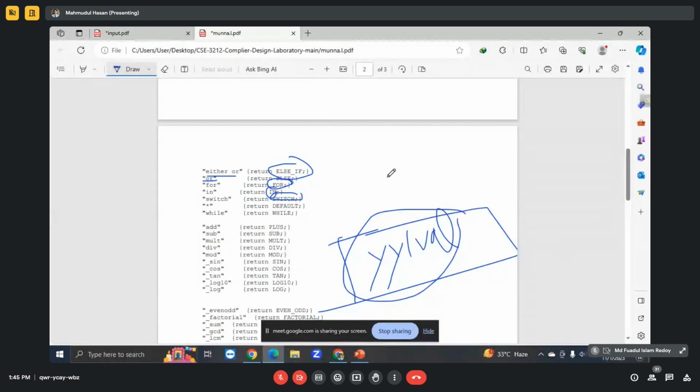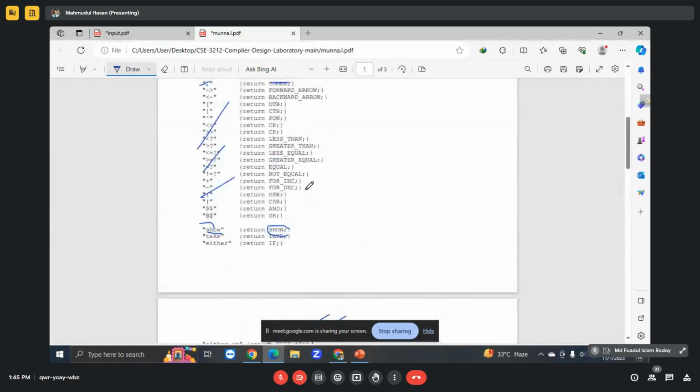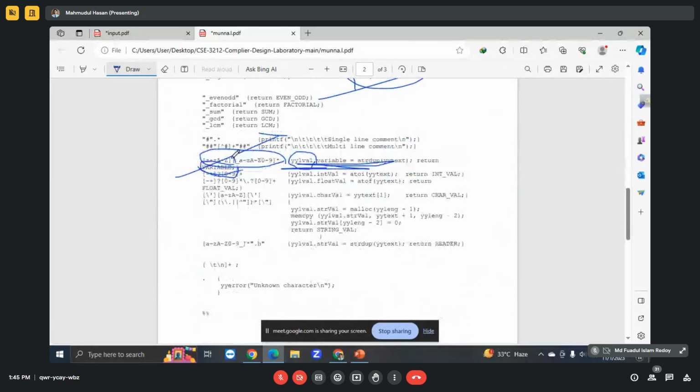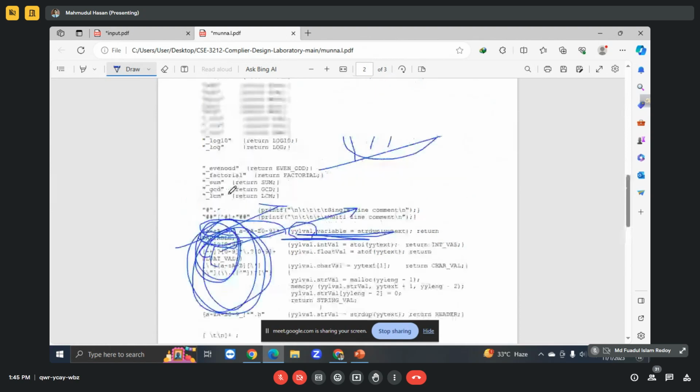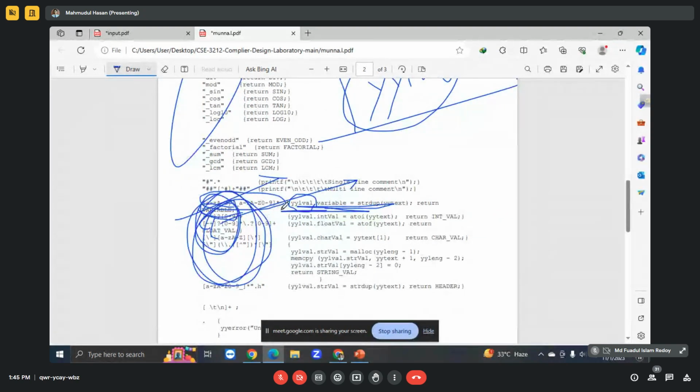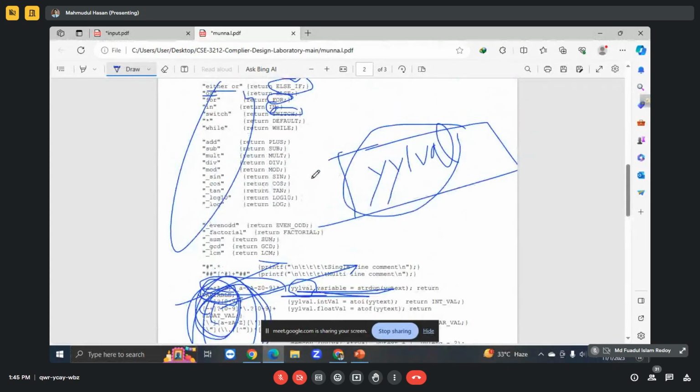Then this token is written by the lex file. And what does our lex file contain? Our lex file contains regular expressions, to describe patterns. And this one also returns tokens. That means this lex file plays the role of the lexical analyzer.